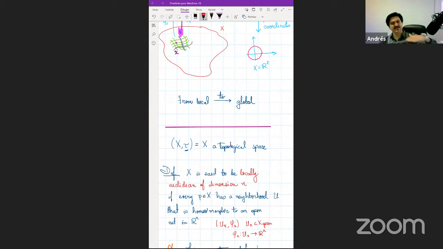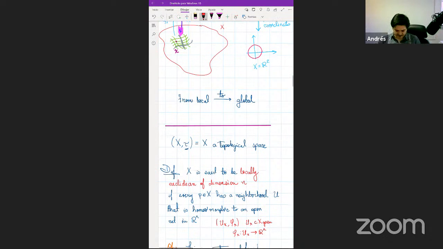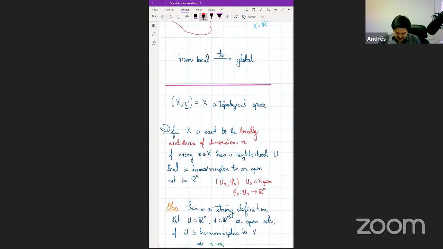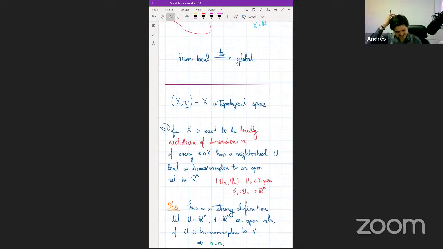In his house, Jesus's floor is flat, so it is locally R2. But Earth is a sphere. So I'm going to make this observation. This definition is very strong because I'm assuming it could be only locally Euclidean, but I'm stressing locally Euclidean of dimension n. And this is the observation that I would like to make.